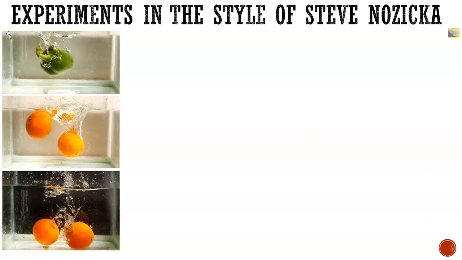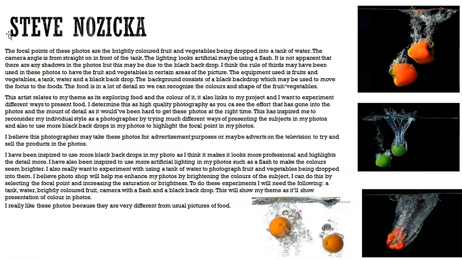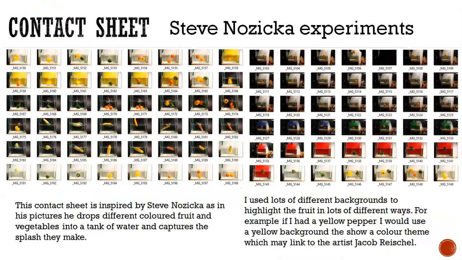This project was called Choice of Colour, and the student in question chose to focus on food. Here's her mind map. She completed four very nice pieces of research. There's one here by this artist, and then amongst other things she completed a contact sheet on this artist.